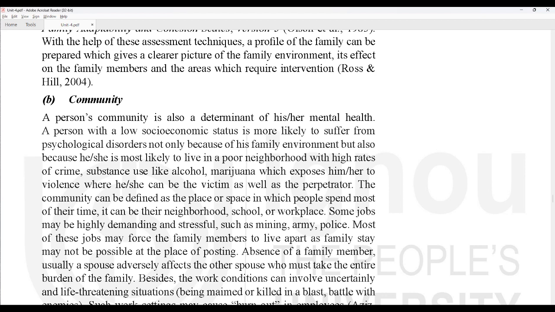B. Community. A person's community is also a determinant of his/her mental health.